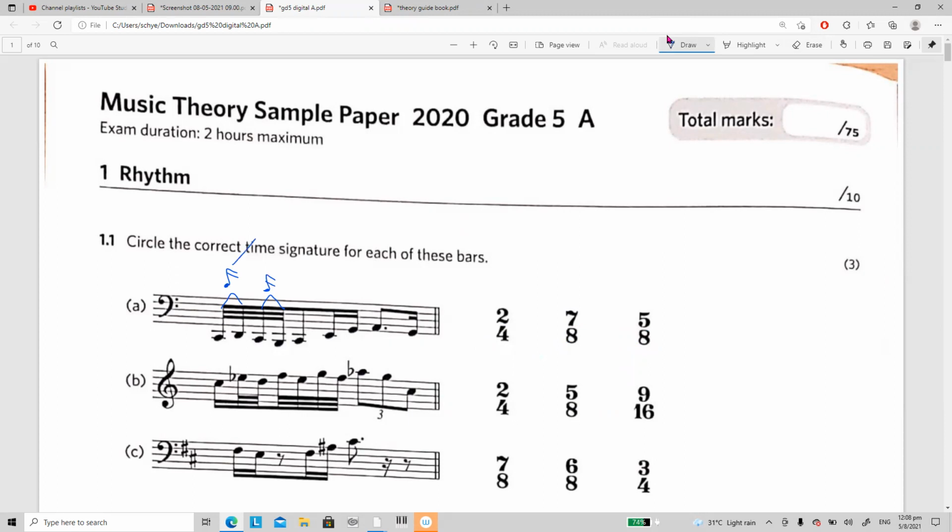So 2 tails, 2 tails add up together to become the note with 1 tail. This one has 1 tail, and this one also has 1 tail, and this one, 2 tails plus 2 tails, is 1 tail.